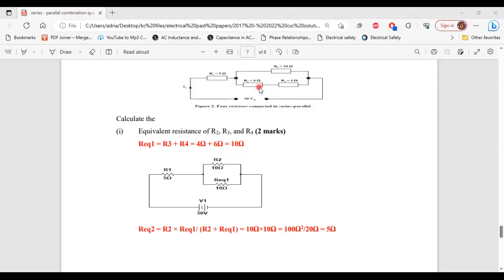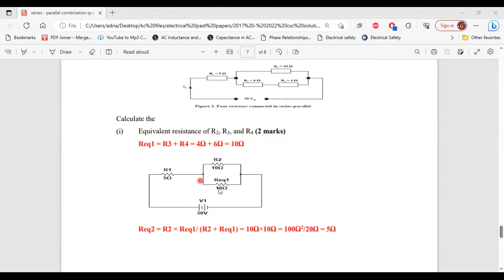Now that we know the equivalent resistor value of R3 and R4, we're going to redraw the circuit and replace these two resistors with their equivalent resistor value. So here we have the circuit, and we have replaced R3 and R4 with their equivalent resistor value of 10 ohm. Now we have R2 and Req1 in parallel, so we're going to calculate their equivalent resistor value and call it Req2.